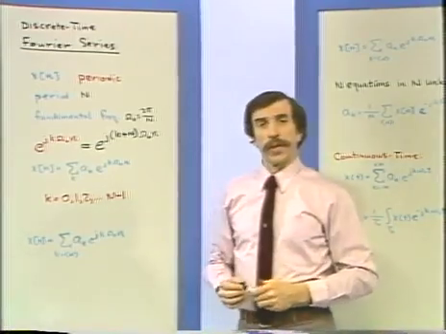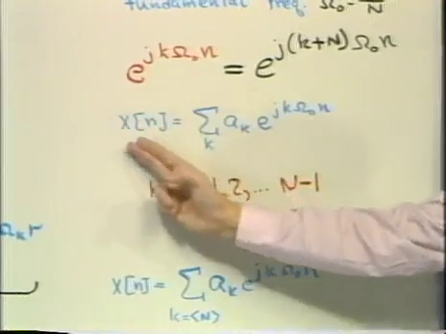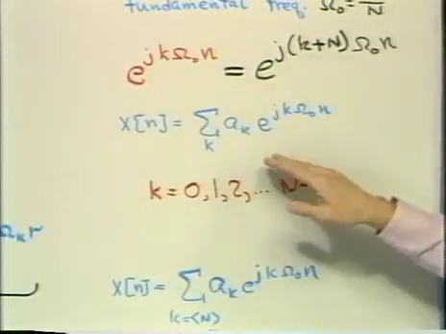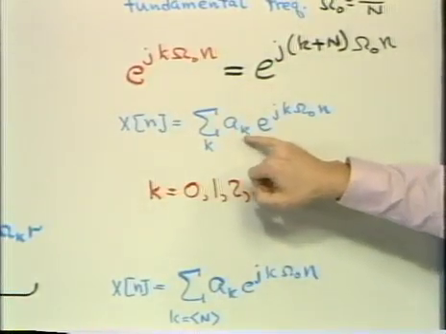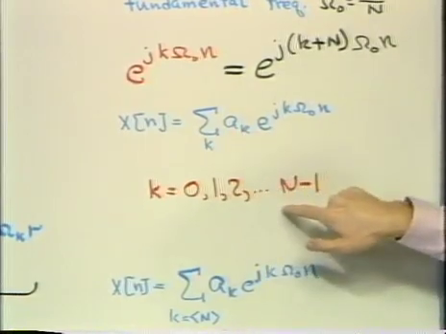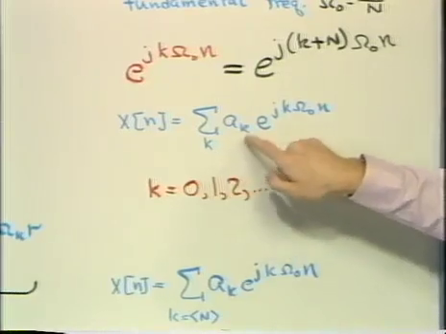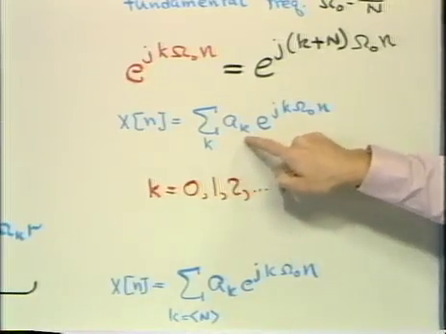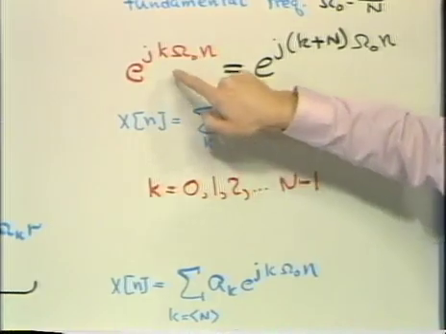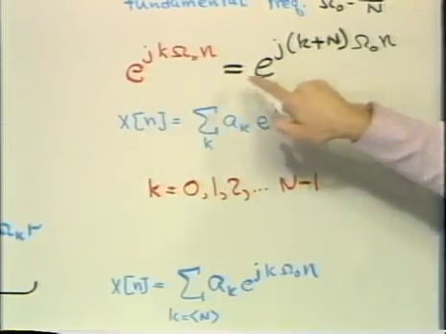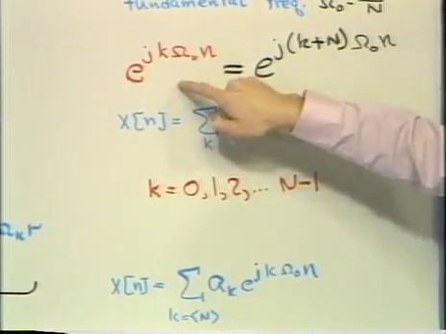Said another way, I could choose k outside this range, thinking of these coefficients as periodically repeating in k, because these complex exponentials periodically repeat in k.